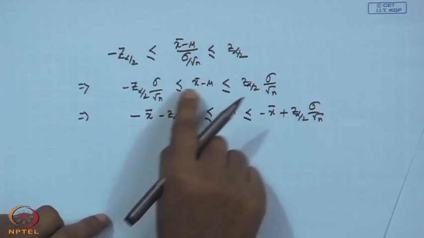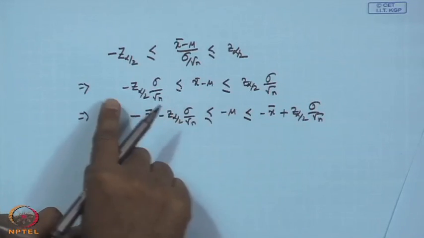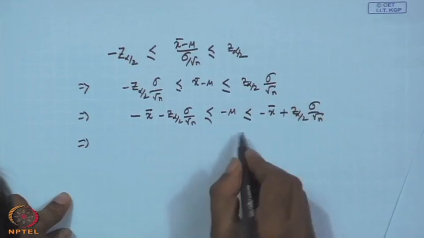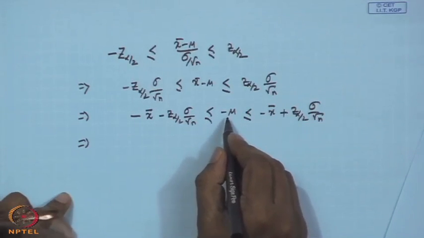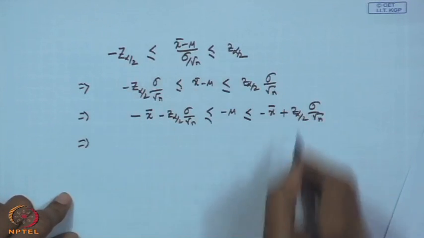Correct? Very simple manipulation. You are just taking x bar out from the middle portion, putting it to the left and right hand side. Then if you modify a little, we do not want minus mu, we want plus mu. So, you are multiplying it by minus 1, then the reverse will take place.